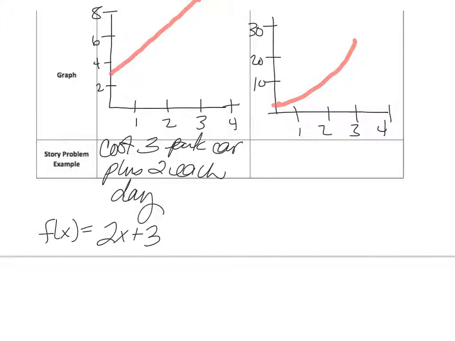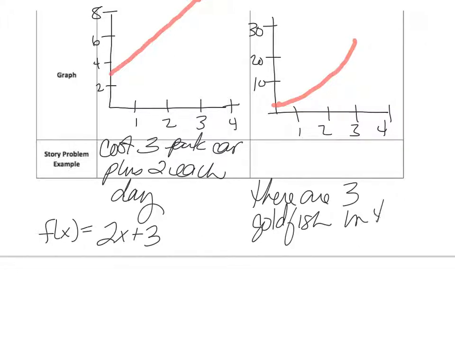This one, exponential growth, so I'm starting out with 3. Well, we're going with one in the book. There are 3 goldfish in the tank. Not creative at all.